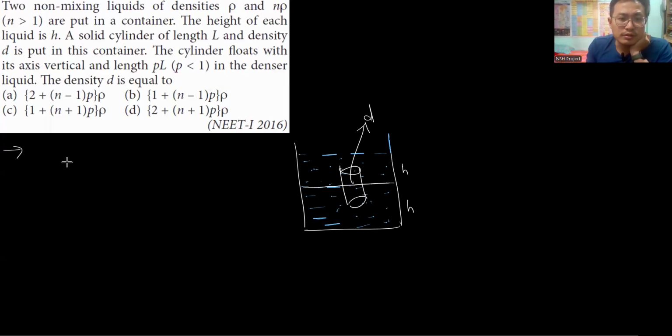Its weight is the density D times the volume, which is the area of cross section A times L. So mg, this should be equal to the buoyant force.